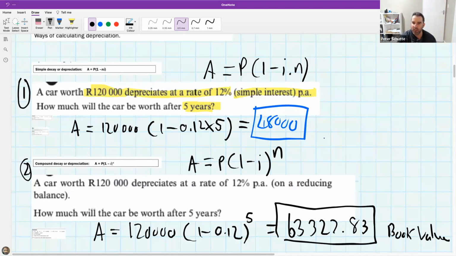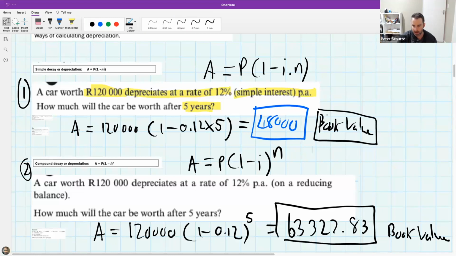And then in the first method, the book value, or how much it's worth in your accounting books, is 48,000. Now, which one has the higher book value? Which one is worth more in your books? Option 1 or option 2? Yeah, option 2 is worth more.